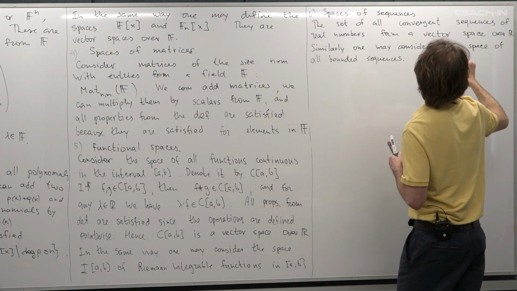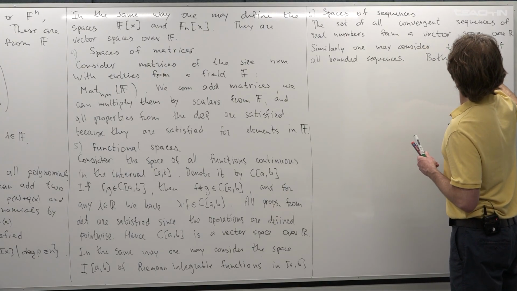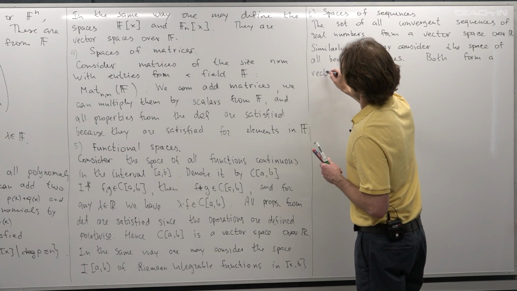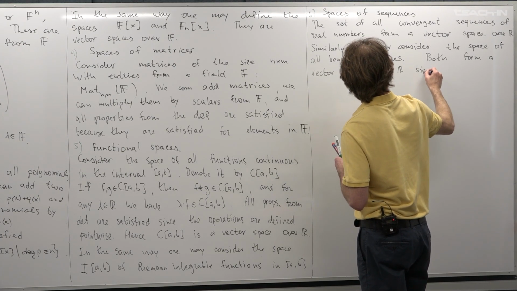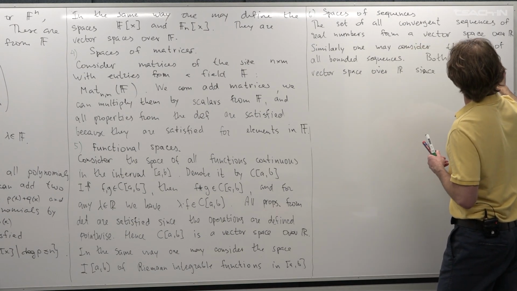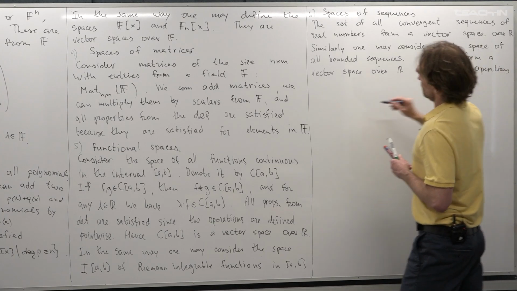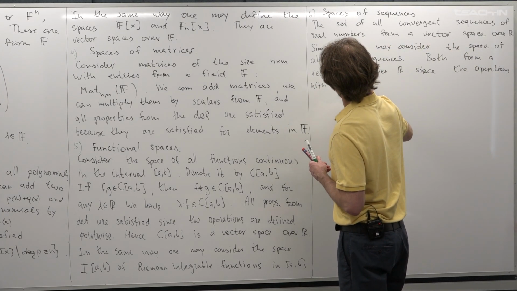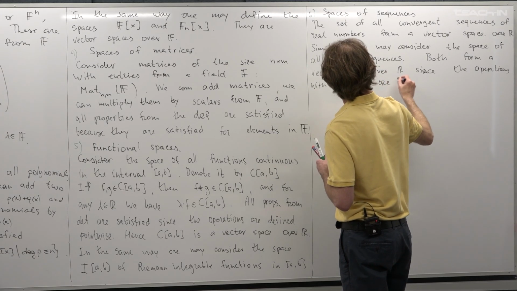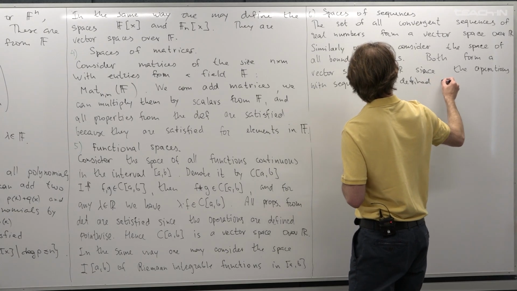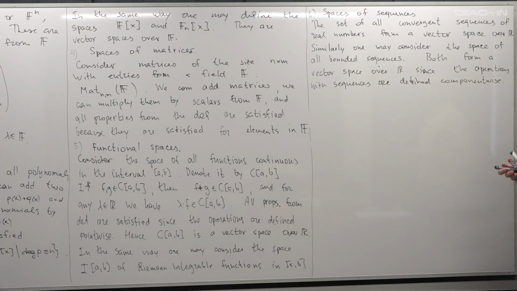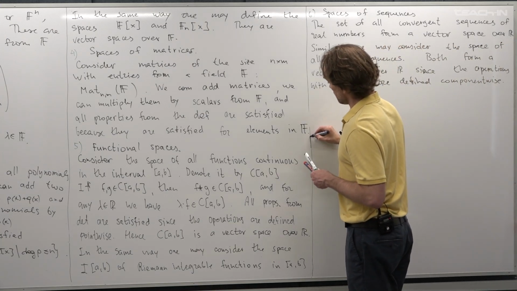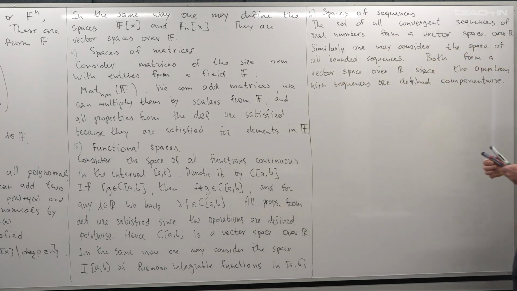Both form a vector space over R, since the operations with sequences are defined component-wise, and therefore everything is satisfied for the elements of the set of real numbers, and that's why the corresponding properties are satisfied for the sequences themselves.